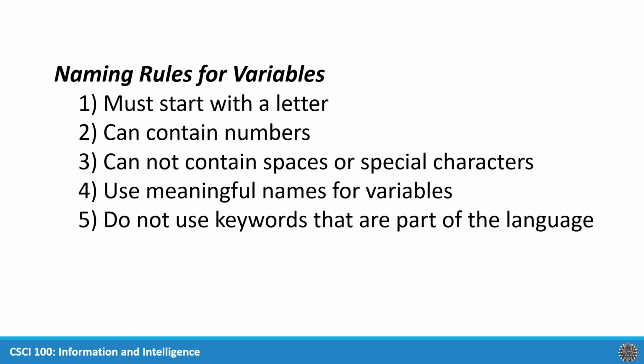But again, this is just to talk about it up front so that when we start going into it, you realize these are some of the things you have to do. Number 4 is not crucial to the program, but it's crucial to you as a programmer: to use meaningful names for variables. For instance, going back to our math problem where length is equal to 10, I would not call my variable cookie.